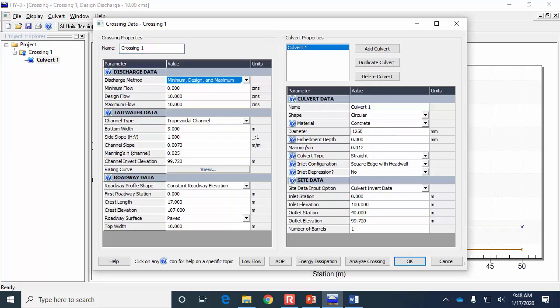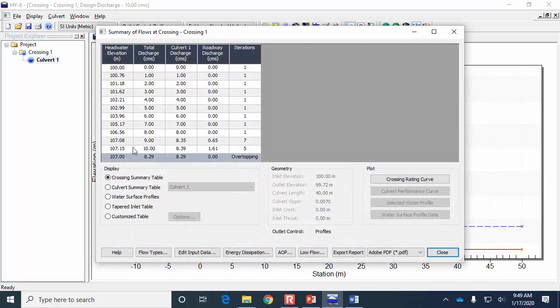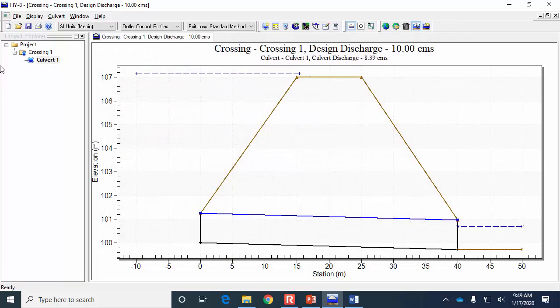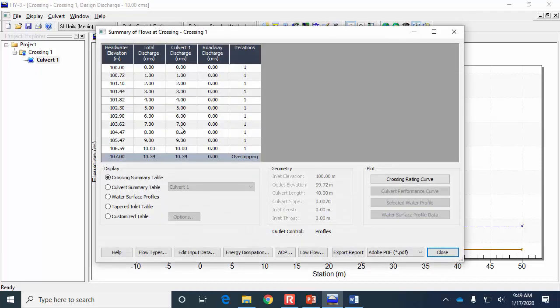Would 1250 be big enough? So now I achieve 8 cubic meters per second before overtopping occurs. So still not quite big enough. Let me close that and optimize a little bit more. What about 1400? And analyze crossing.